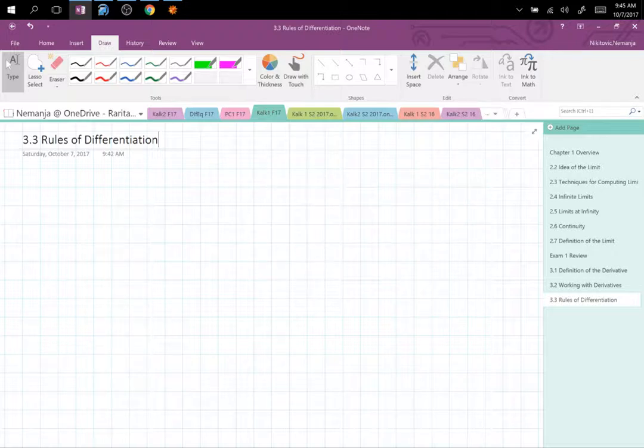But the cool thing here is that you are memorizing formulas, and then we're going to build upon those. So we start by memorizing that the derivative of a constant is 0.